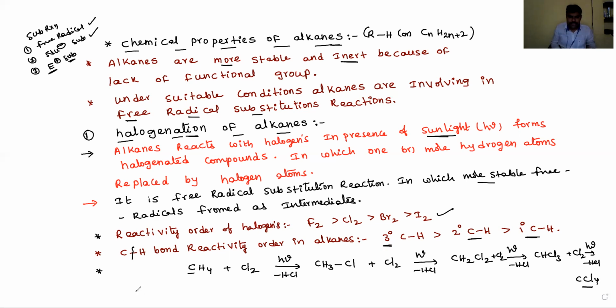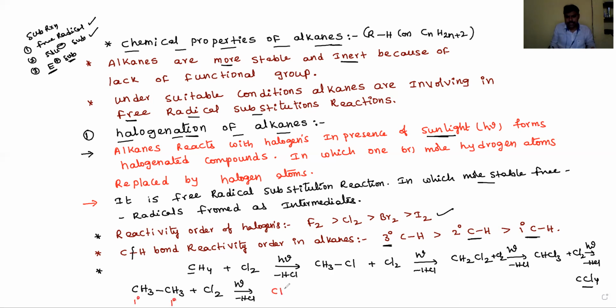For example, take ethane, dear students. CH3-CH3, ethane. Do monohalogenation in the presence of sunlight, with loss of HCl. Ethane has only one kind of C-H bond, the primary C-H bond, and this is also a primary C-H bond.